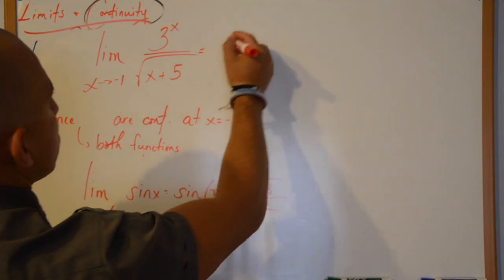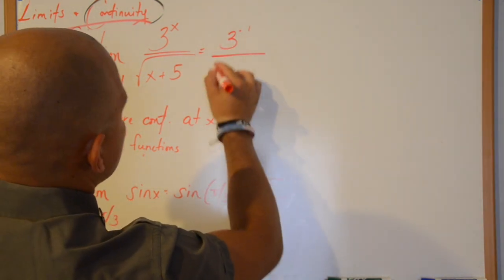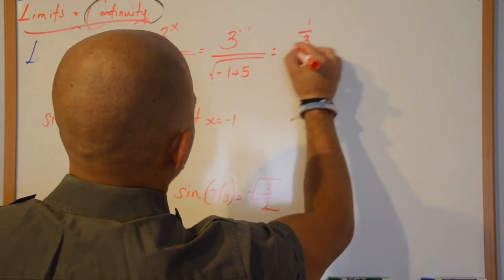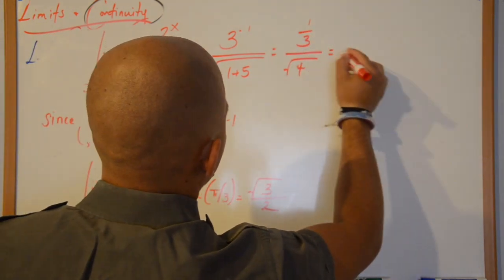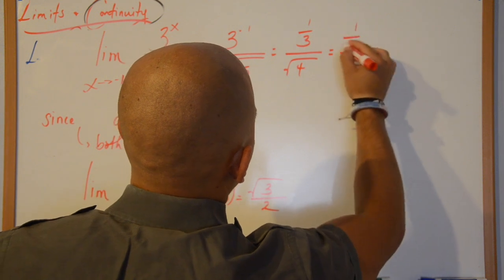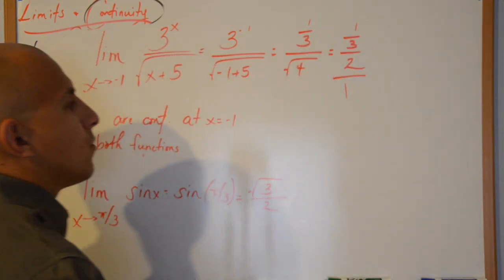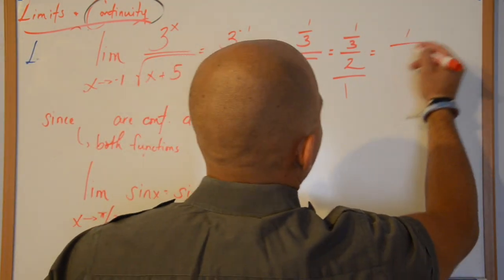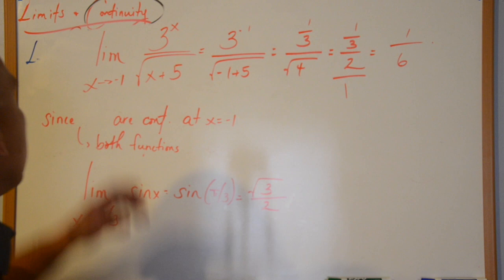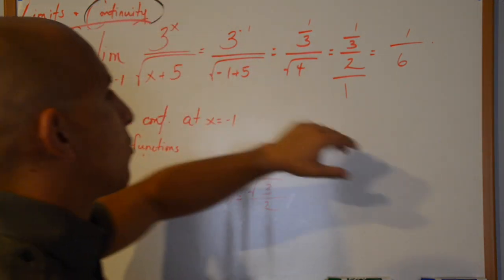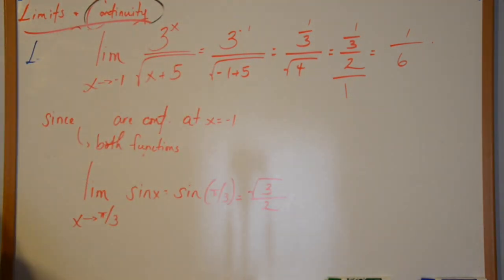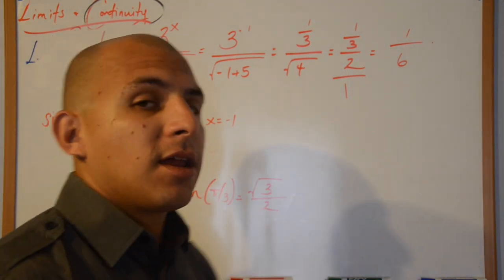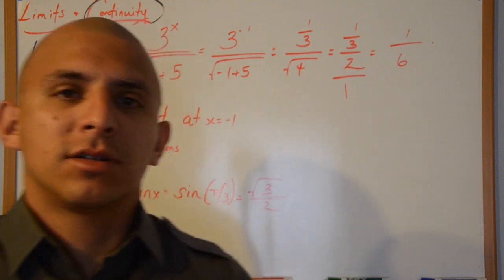So we can substitute, e to the -1 over the square root of -1 plus 5. This becomes 1/3. This becomes the square root of 4, which is really 2, 1/3. Keep, change, flip. Damn mnemonic devices. And we arrive at an output of 1/6. So the limit as x approaches -1 of this rational function is the same as its output, which is 1/6. And that'll wrap it and bring it full circle for limits.